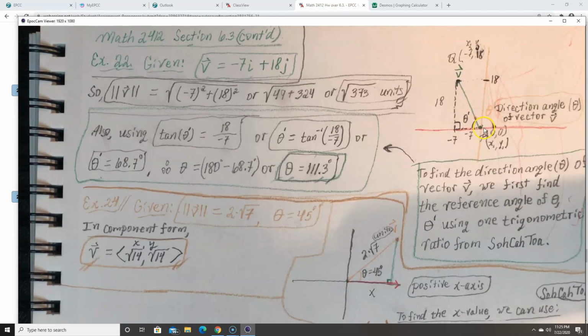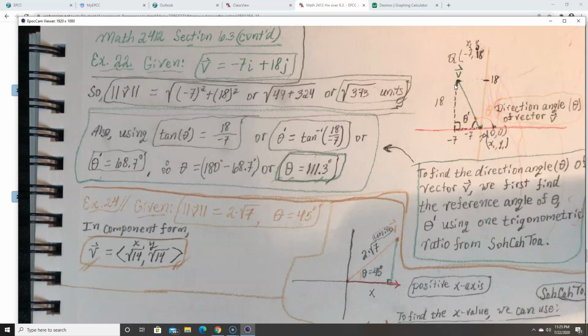Either way, you're going to label this side -7 and this side 18. There's your right triangle. This is adjacent to this reference angle. This is the hypotenuse, which is the length of the vector, which we already know is the square root of 373. And we know the opposite side is the 18.